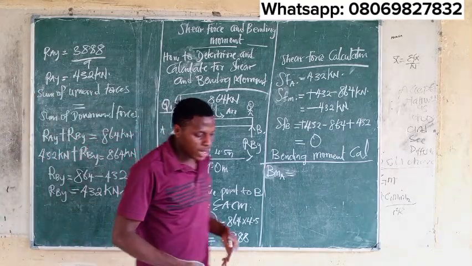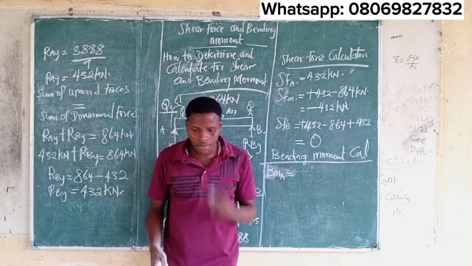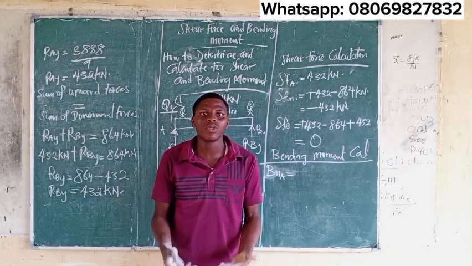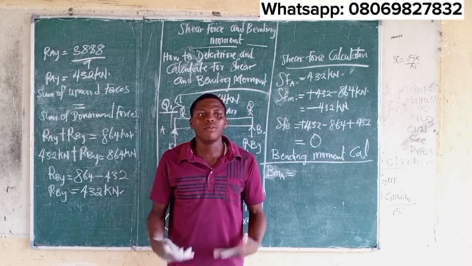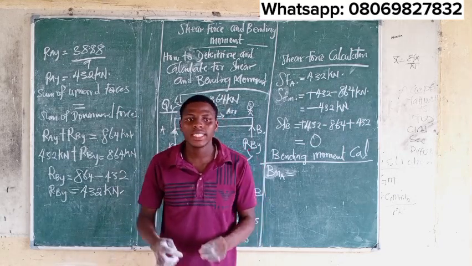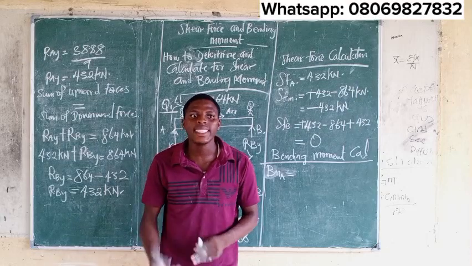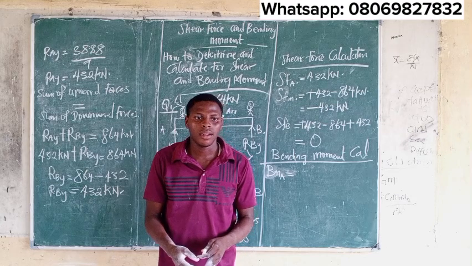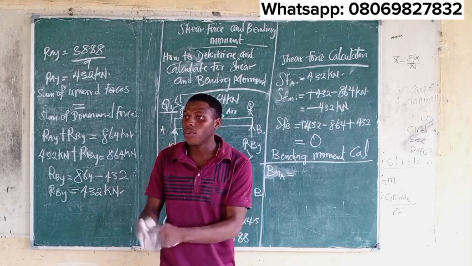Now let's say you are standing at point A, and we want to calculate the bending moment. And moment is what? Force multiplied by distance. That's moment. Now, if we want to get the bending moment at that point, we are taking the force with the distance. That is what you do to calculate for bending moment.